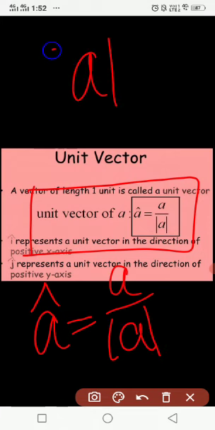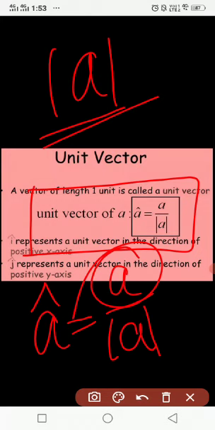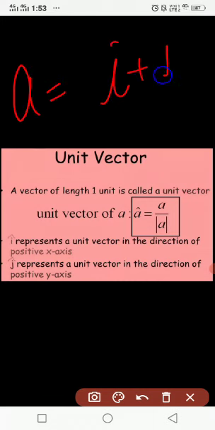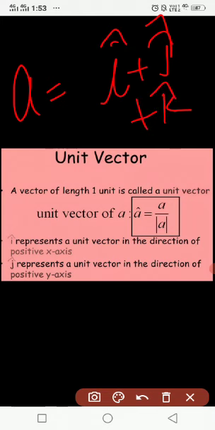A in modulus is called the magnitude of A, because you know that a vector has two things: one is magnitude, one is direction. So this is the magnitude, meaning numerical value, and this A is the vector. And dear students, you must know that a vector is always written in the form of I, J and K. Now you must be thinking, what are this I cap, J cap and K cap?